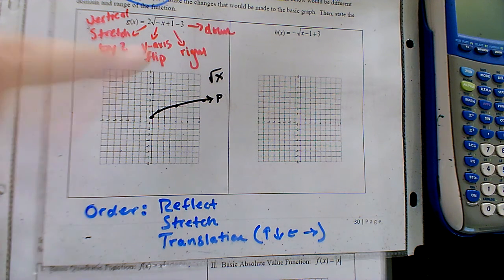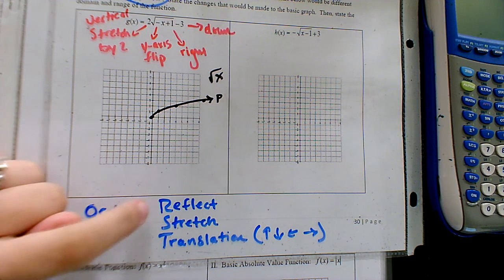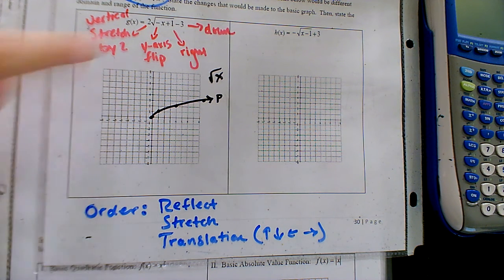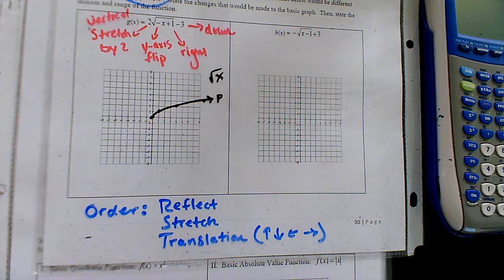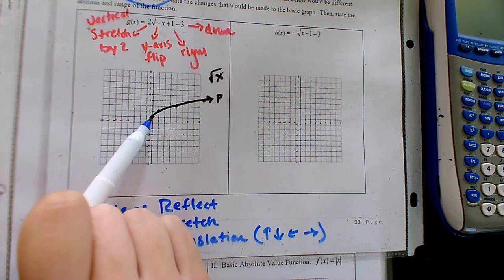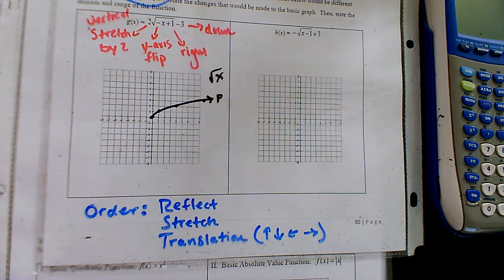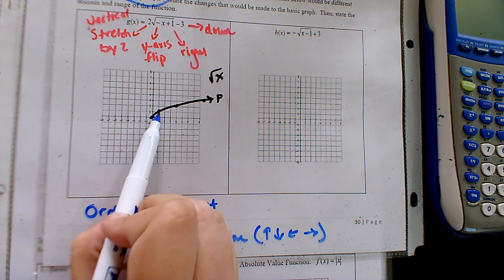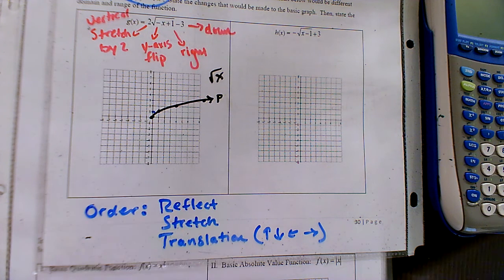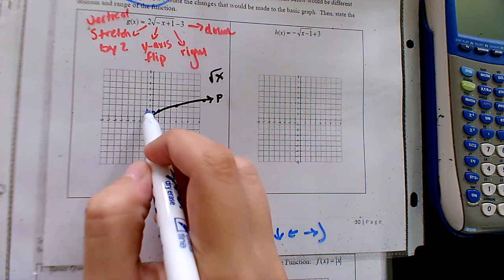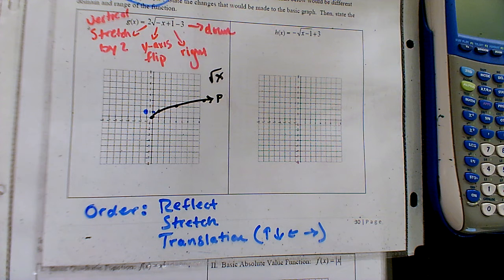So now what we're going to do is take all of those beginning parent points and first reflect them over the y-axis. So we're going to move all the points, flipping them from right to left. This beginning point here at the origin, if you were to flip that over the y-axis, it's already on the y-axis, so it's really not going to move anywhere. But this next point, notice how it's 1 unit away from the y-axis. So if you flip it over, it's going to be 1 unit away on the other side.